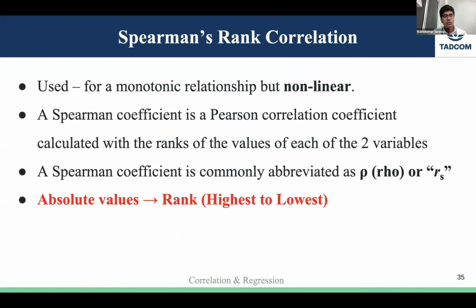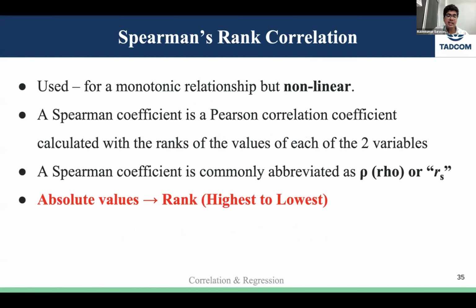Good. In Spearman's, we have the same two quantitative variables, but the relationship may be non-linear. What we do in Spearman's is convert the absolute numerical values into ranks. For example, if we have data such as 12, 22, 32, 42, 52, we rank these from higher to lower and give the numbers 1, 2, 3, 4, 5.